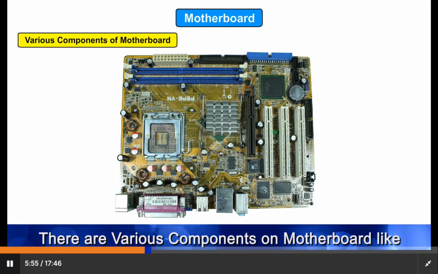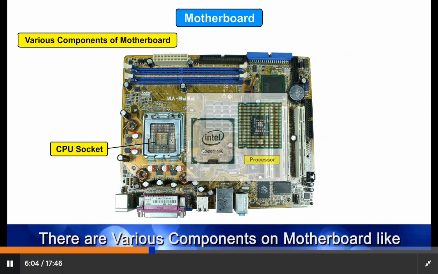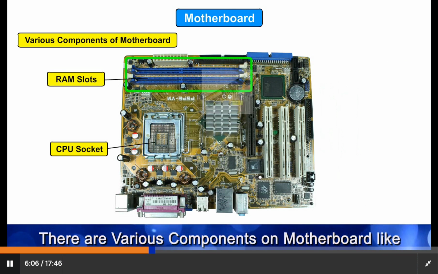There are various components on motherboard like CPU socket, which is used to connect processor. RAM slots used to connect RAMs.